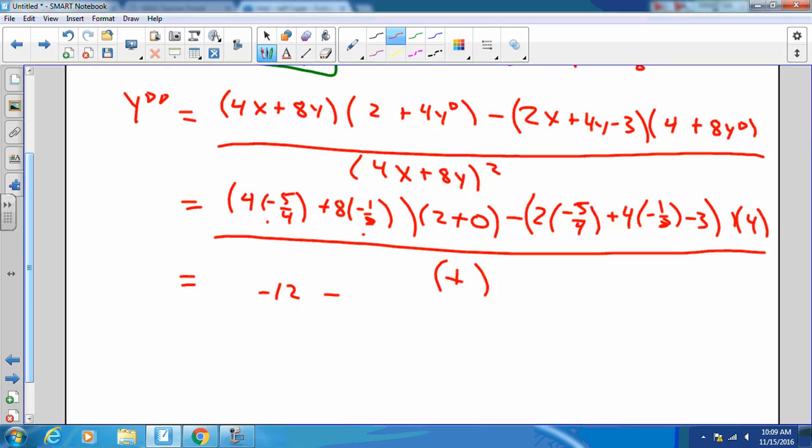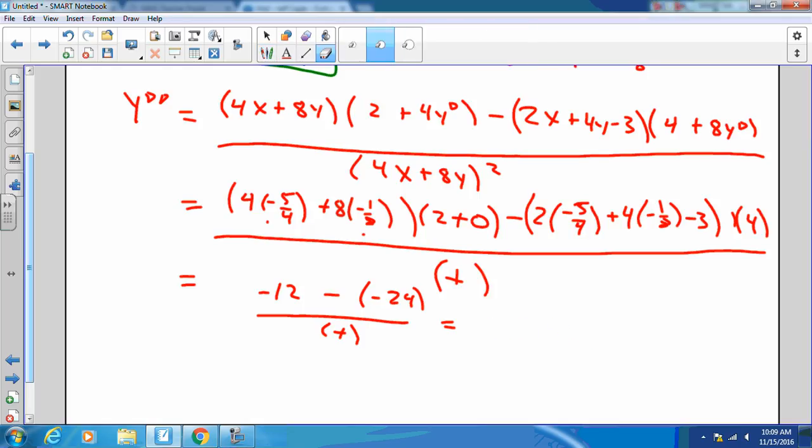This is negative 5, minus 1 is negative 6, times 2 is negative 12. In the first term, minus, this is going to be minus 5 halves, minus another half is minus 6 halves, or minus 3, minus another 3 is minus 6, times 4.